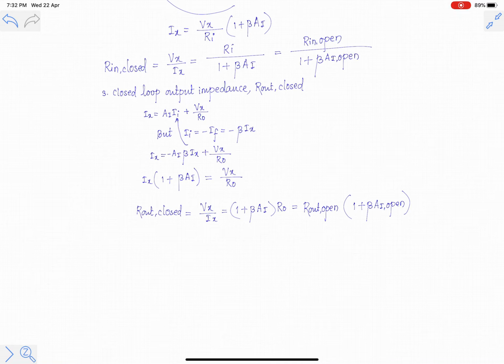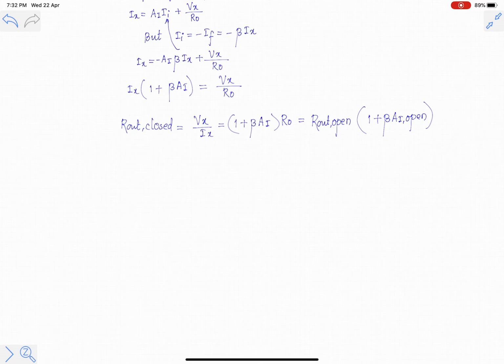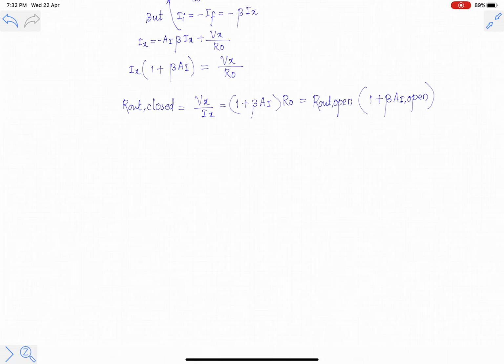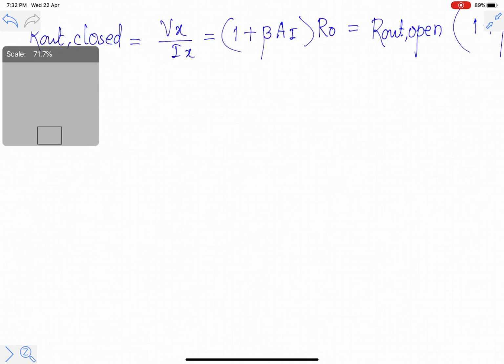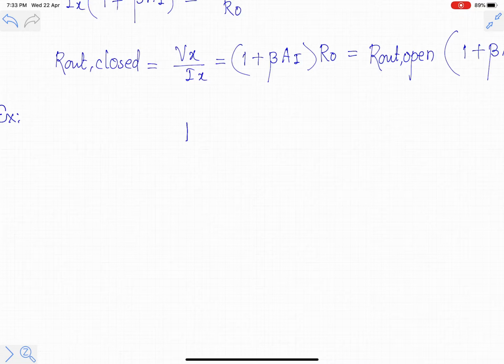Now we will see one example based on it. We will take an example where we assume that the feedback network is ideal, that is, it is not loading the input as well as the output side of the feedforward amplifier. So we have a configuration something like this.